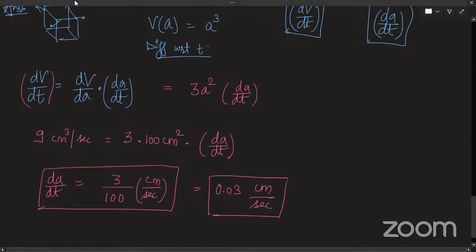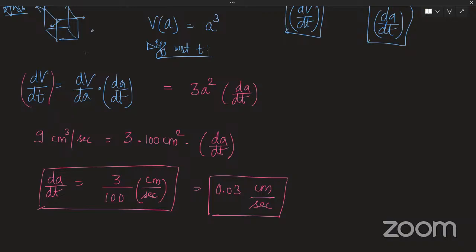Is this equation dimensionally correct? dA by dt is equal to 0.03 centimeter per second. Is this dimensionally correct? Who will tell me?